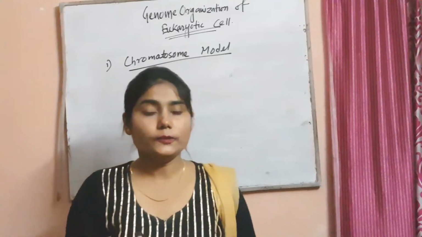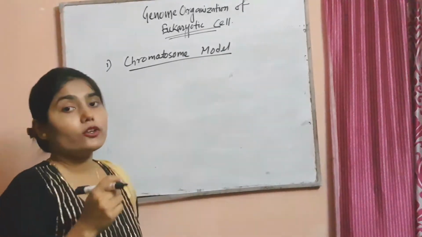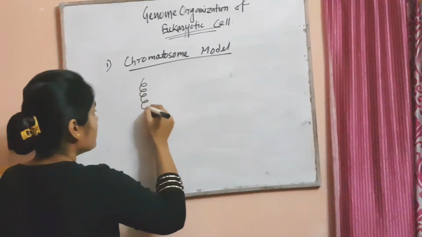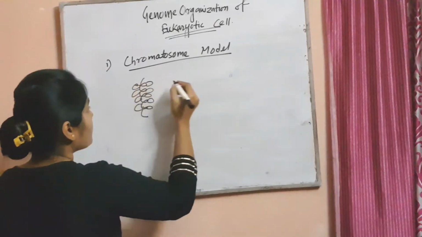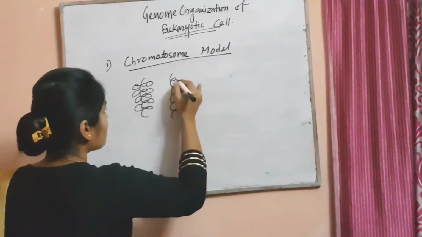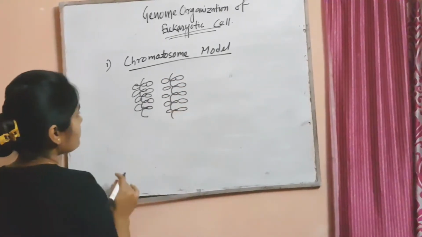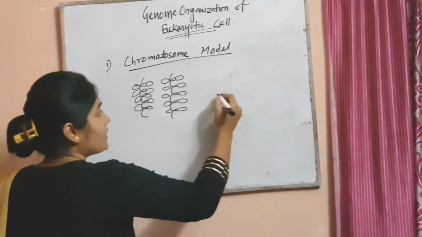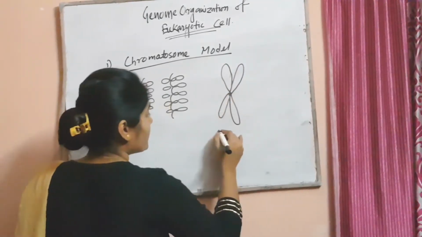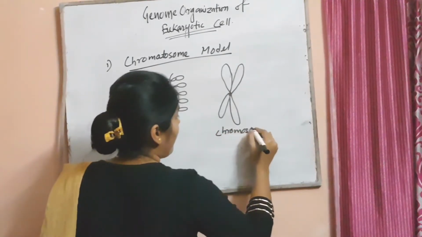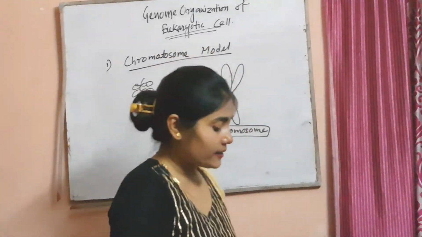When the two chromatids, each of which is a chromatid model, are present together, they form this, which is a chromosome, and this chromosome formation is known as the chromatosome model.